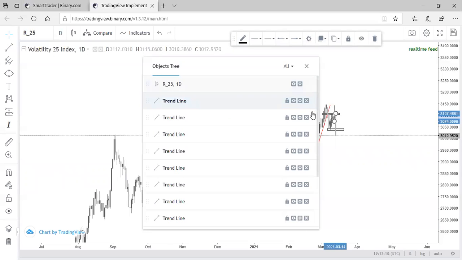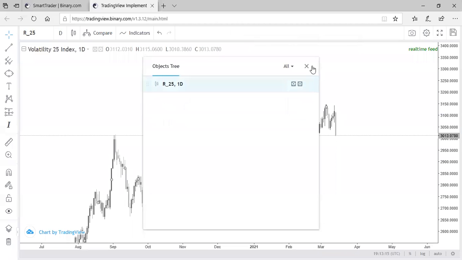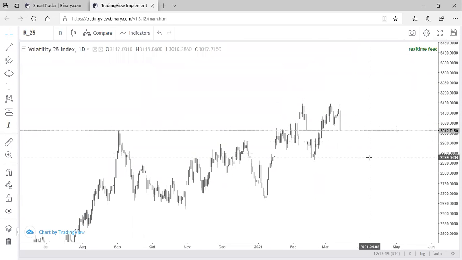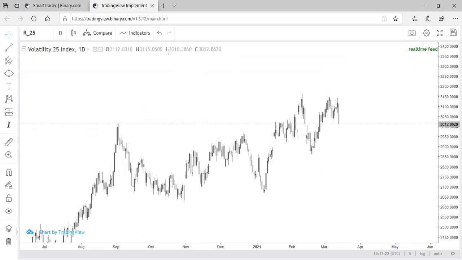We said whenever price wants to reverse to a different phase, if price is in the uptrend, it's either going to give us a double top or it's going to consolidate for a while before we get the new phase.